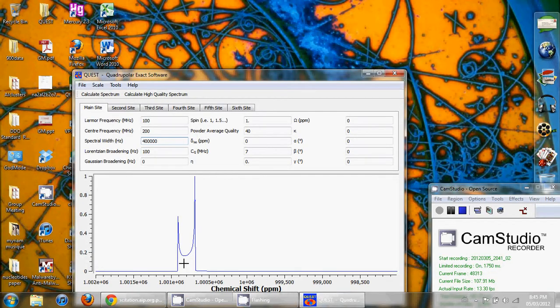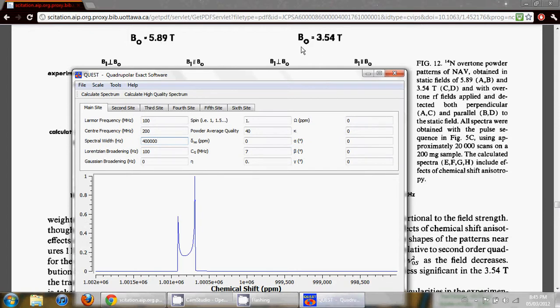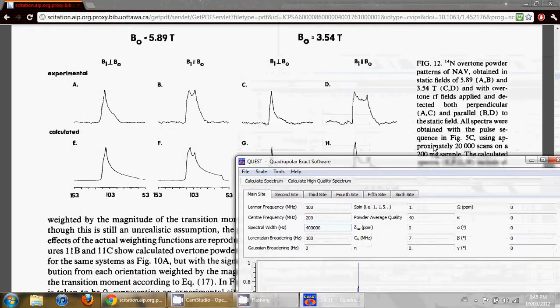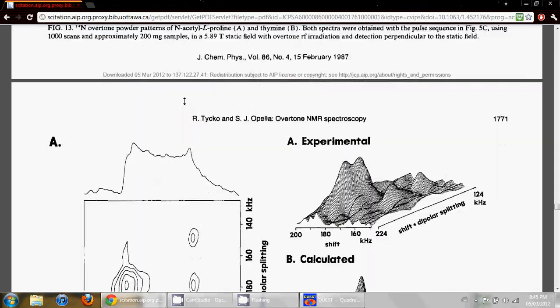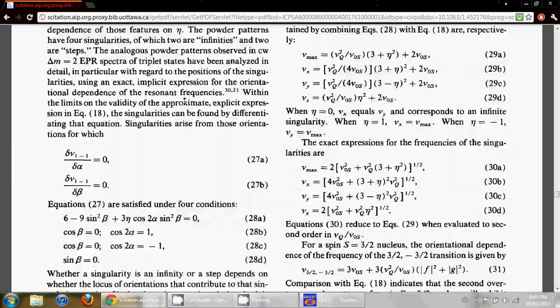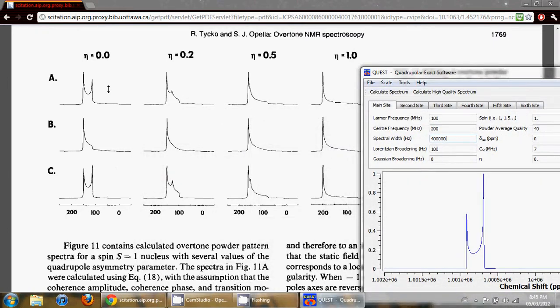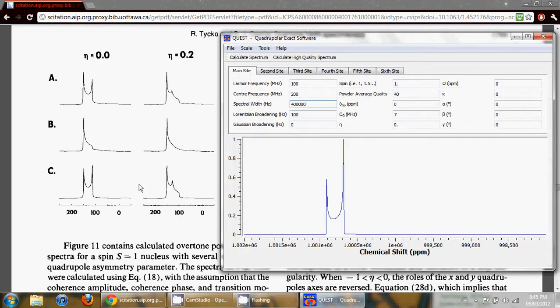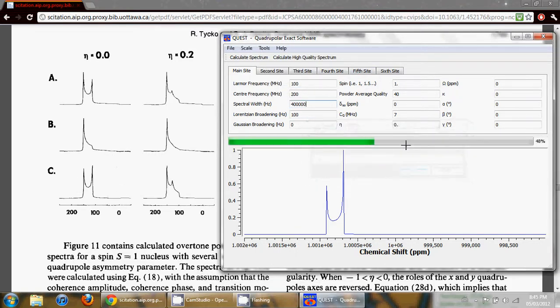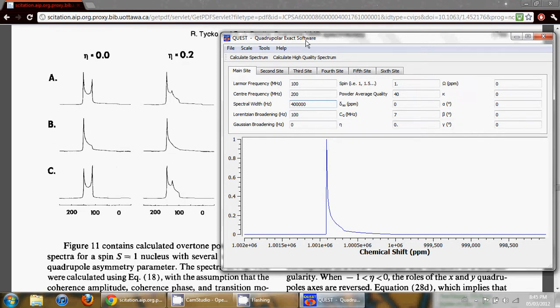So for example, I'll compare this to one of the original Overtone NMR spectroscopy papers, where you see their simulations, for example, when you include all intensities when the coil is perpendicular to the magnetic field and when it is parallel to the magnetic field. So this is for an asymmetry parameter of 0, so this line shape corresponds fairly well to this one here. And if we change the coil angle to 90 degrees, we in fact get this line shape here.